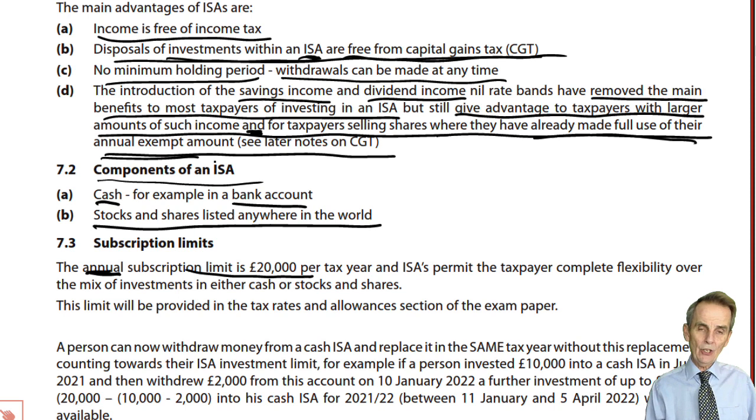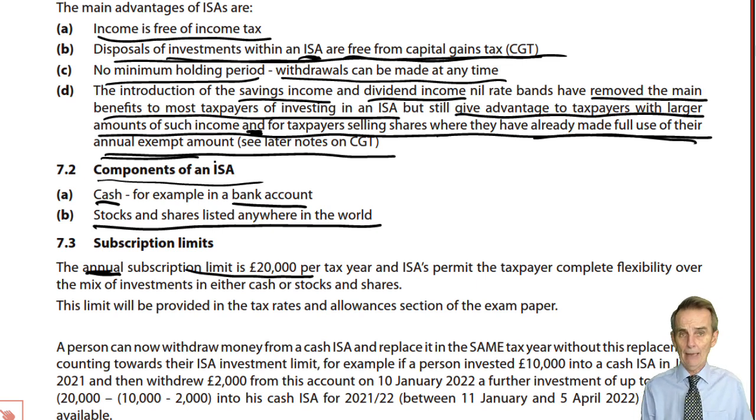If you were making a relatively small amount of gain each year, then in the same way as we have a personal allowance, a level of tax-free income to use within the income tax computation, on the CGT computation, as you'll see in Chapter 12, there's a level of tax-free gains, and that's still running as it was for last year at an annual exempt amount of £12,300.